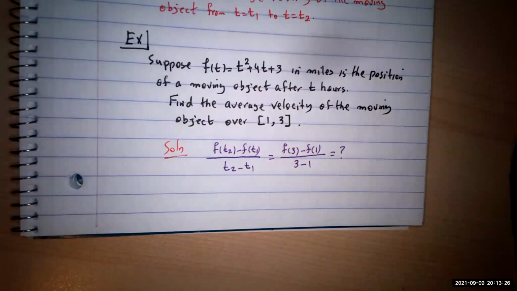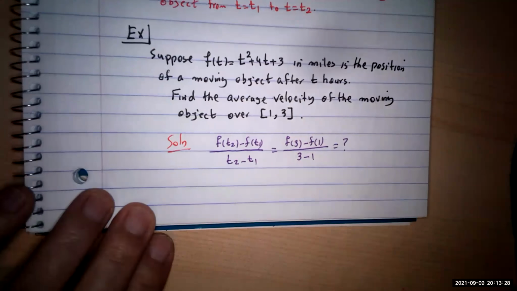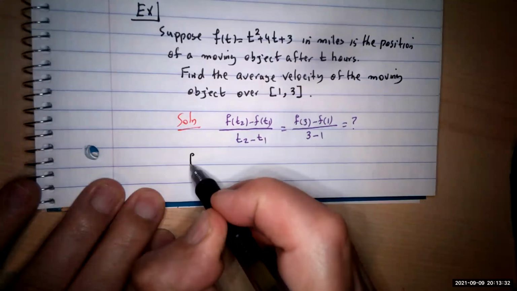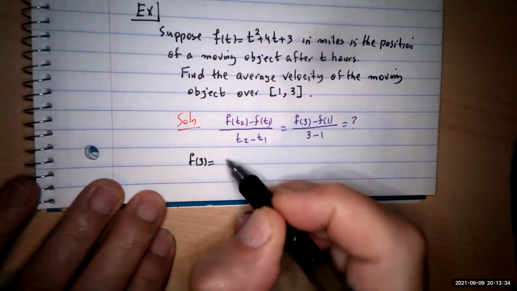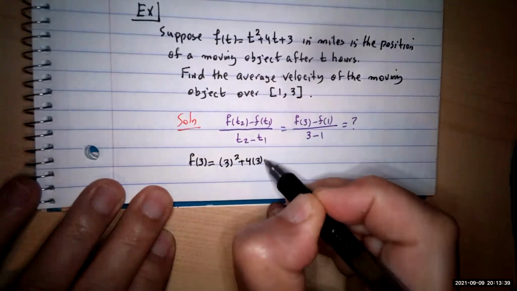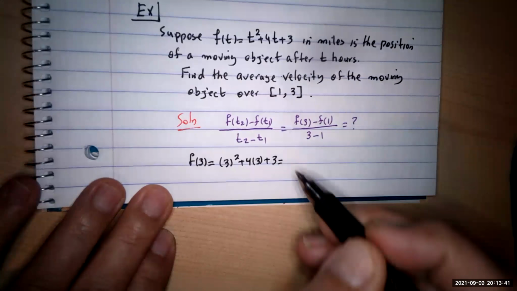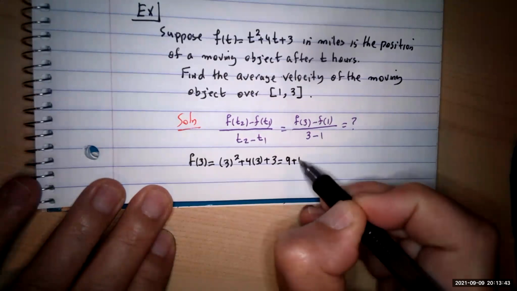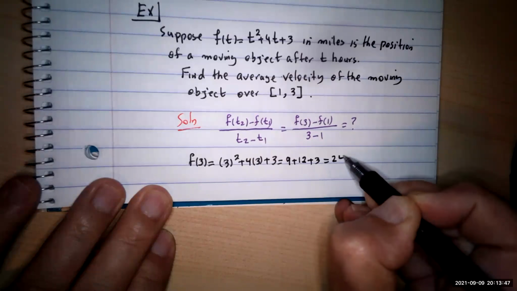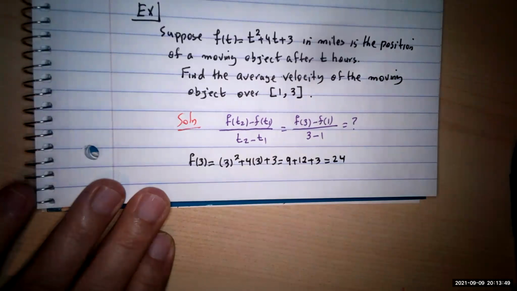Okay, let's see if you're right. So find f of 3: substitute. f of 3 is equal to 3 squared minus 4 times 3 plus 3. 3 squared would be 9, minus 12, plus 3. That gives us 0. Okay, that's f of 3.